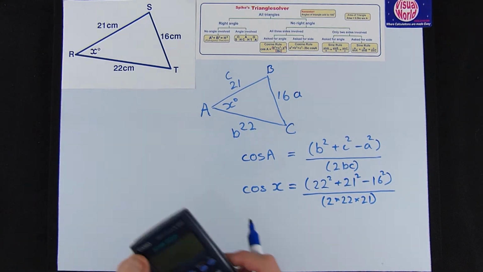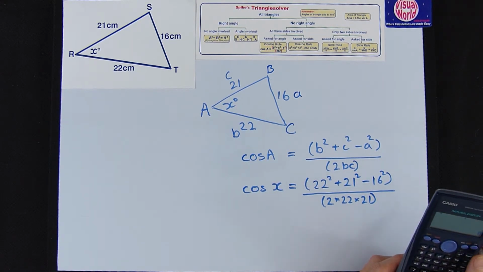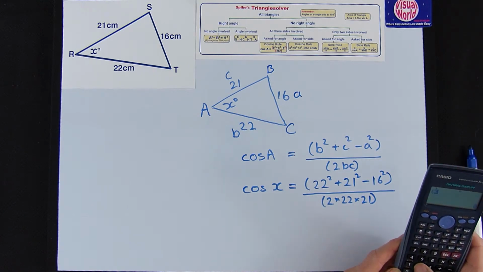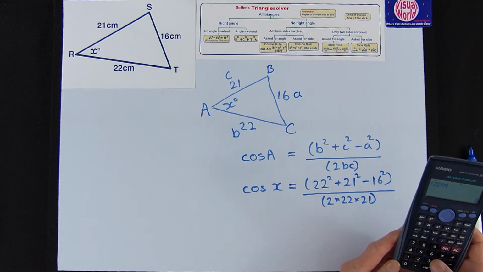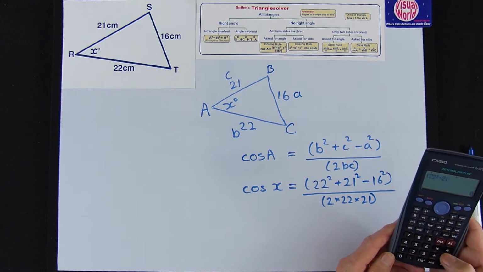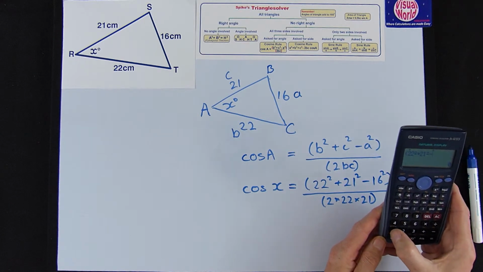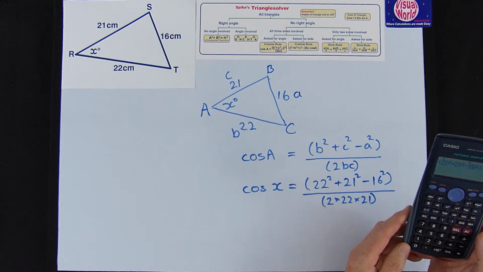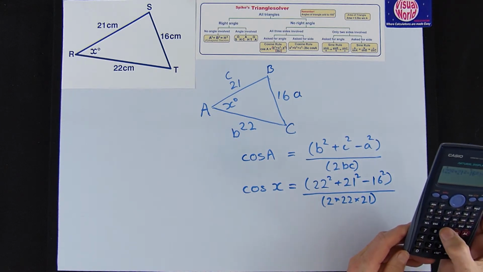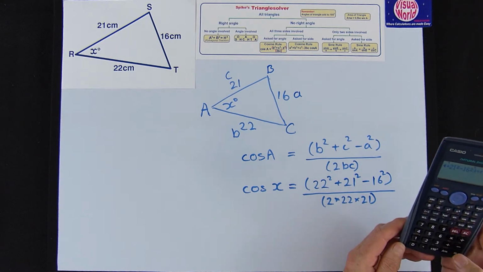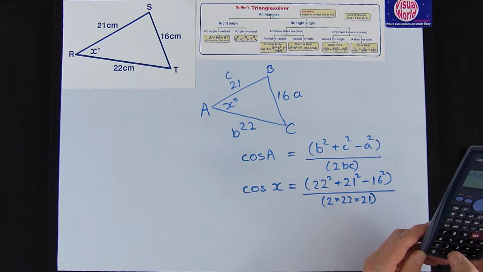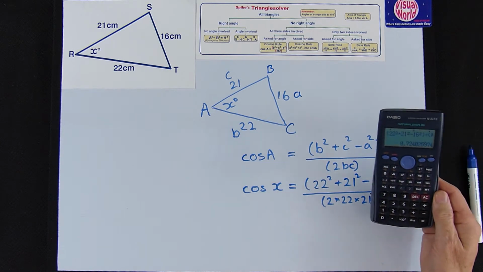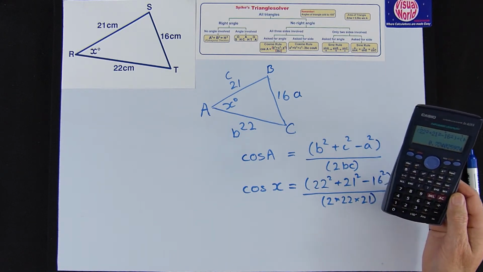So take your calculator and just type in the formula. So you open brackets, 22 squared plus 21 squared minus 16 squared, close the brackets. Now remember, you're going at the bottom line, so divide, open brackets, 2 times 22 times 21, close the brackets, equals, now the answer you get is 0.7240, etc.